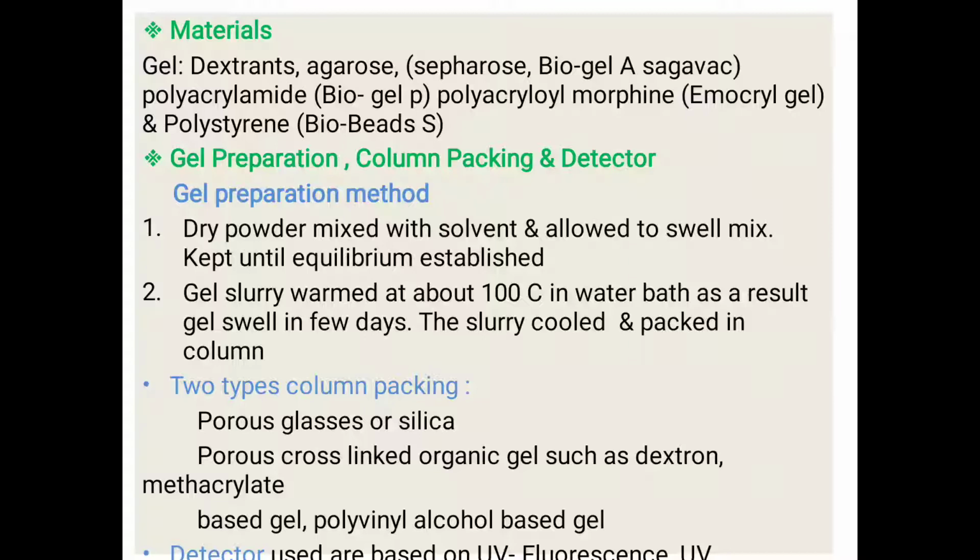In this way the water soluble dextran is made water insoluble but retains its hydrophilic character and swells rapidly in the aqueous media, forming gel particles suitable for gel filtration.